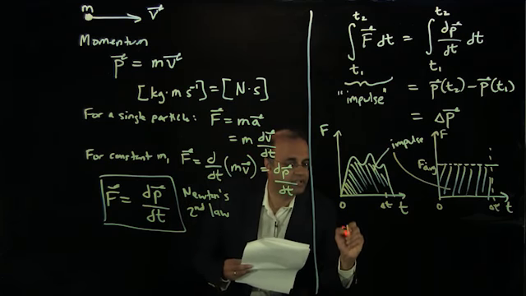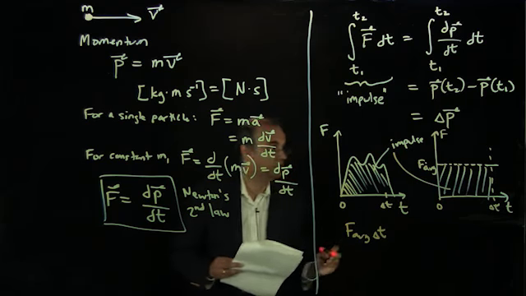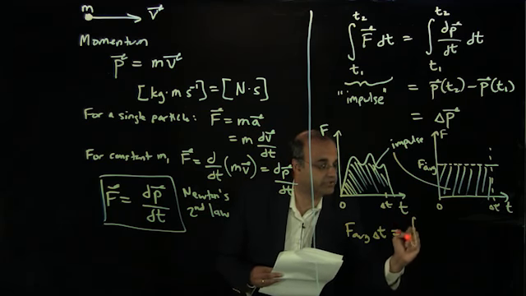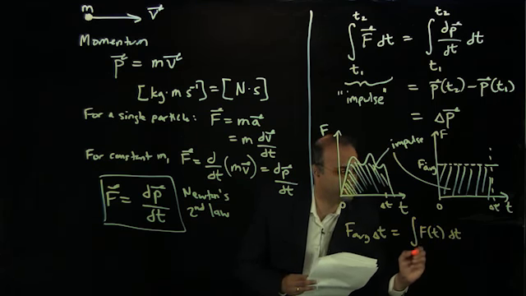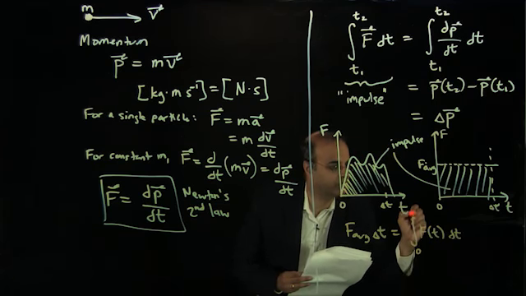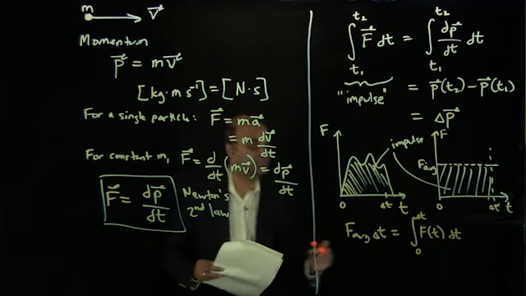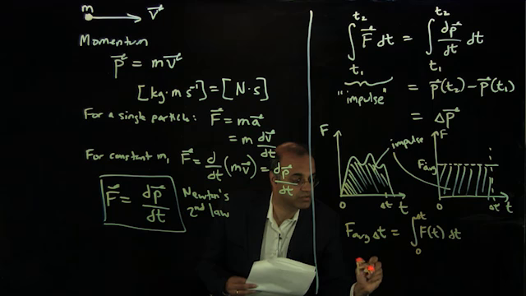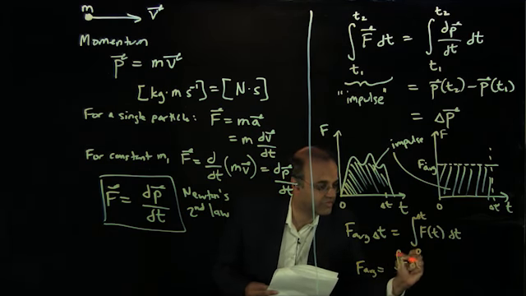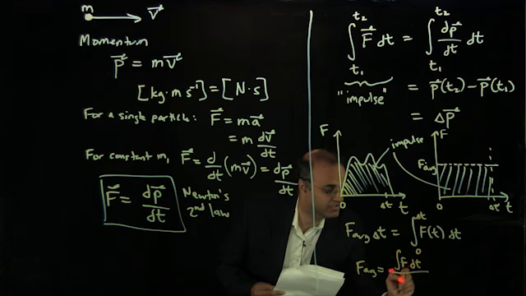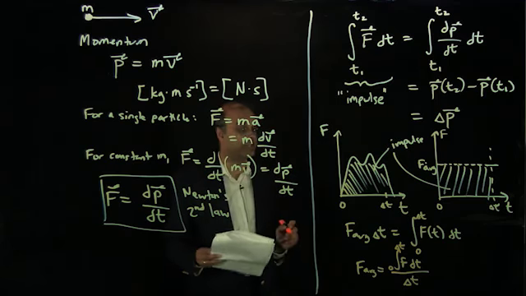So in other words, F average times delta t, which is the area on the right-hand side here, is equal to the integral of F of t dt integrated from 0 to delta t, which is the area under this right-hand curve. And so my average force is just that integral of F of t dt divided by delta t, integrated from 0 to delta t. So that's my average force.